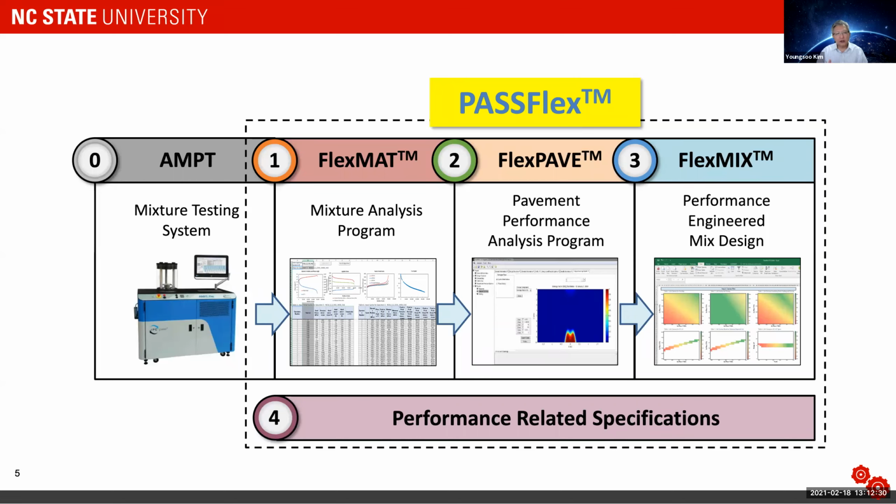Here, it takes the data from AMPT and does all the complex analysis with just a click of a few buttons. And then once FlexMat is done, the output file from FlexMat becomes an input to FlexPave on the material section. And therefore, one can do the pavement performance analysis.